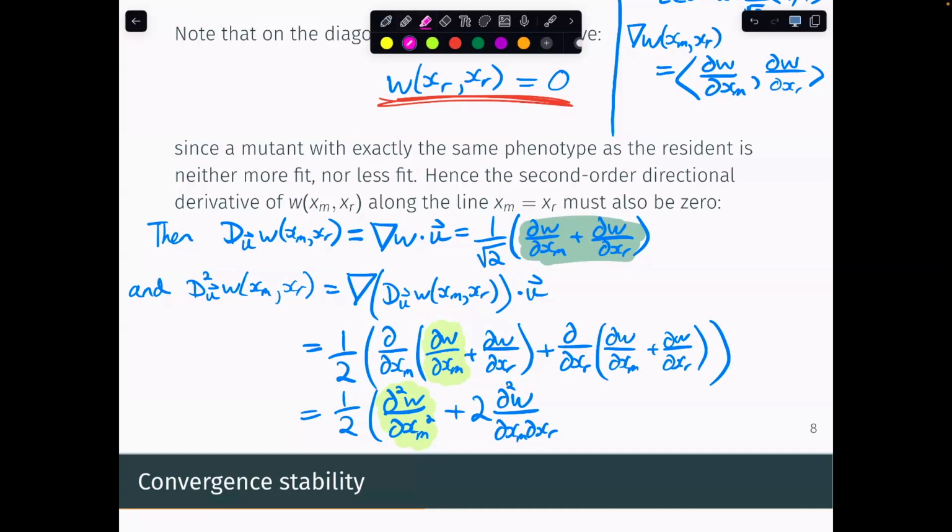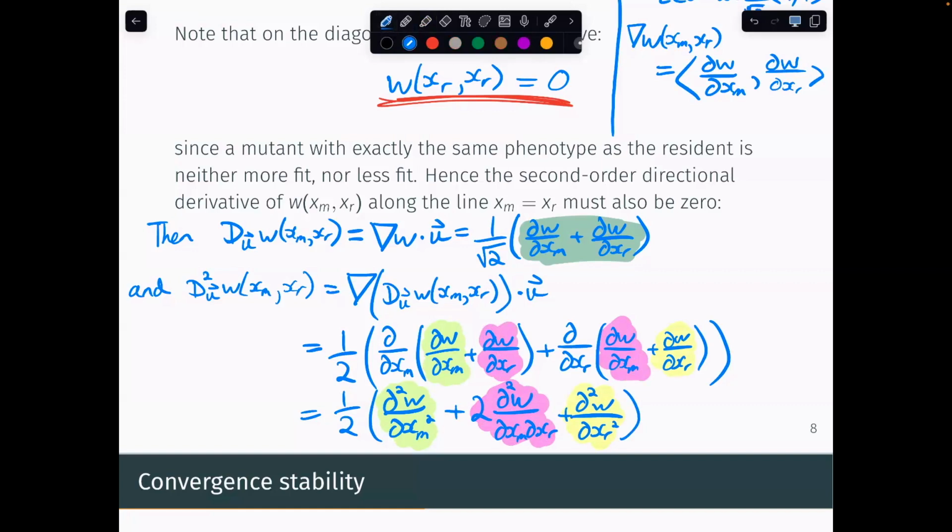This 2 here comes from this term here and this term here. And then finally, our second order partial with respect to xr is just the remaining terms. This here. Okay.